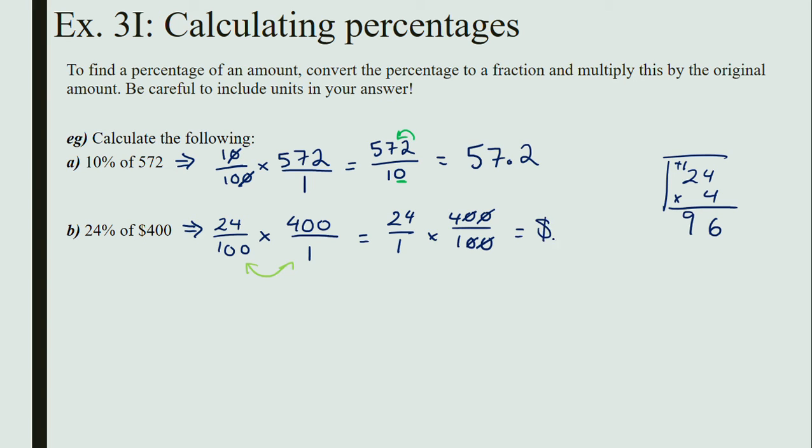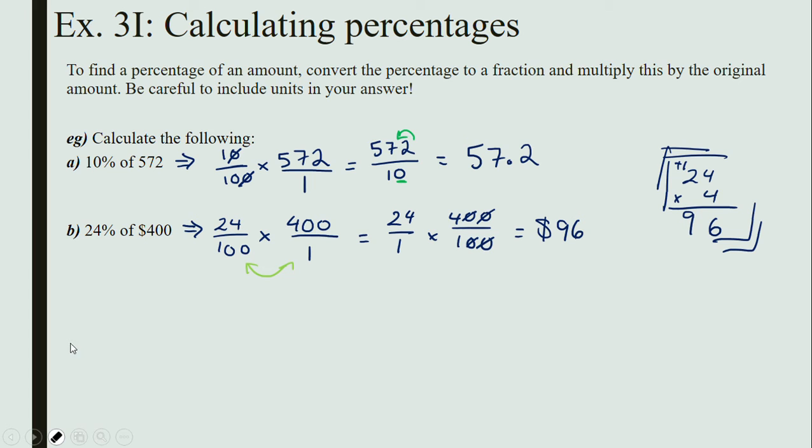So our final answer is $96 because 1 times 1 on the bottom is just 1. So we again converted the percentage to a fraction and multiplied it by the amount. We simplified the fraction multiplication and then found our answer, which we can now get rid of that over 1 because it's the same as just saying 96.